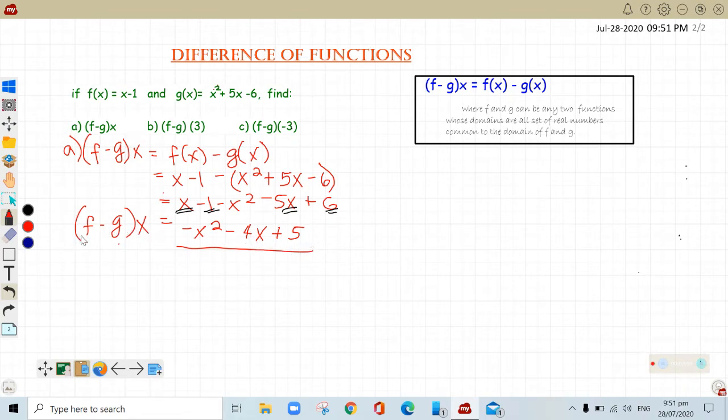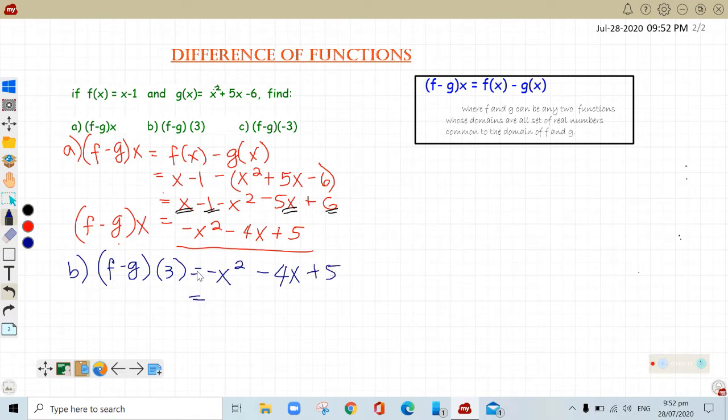So since we know what is (f minus g)(x), now we can solve (f minus g)(x) when x is equal to 3. So we will be using this equation, negative x squared minus 4x plus 5.